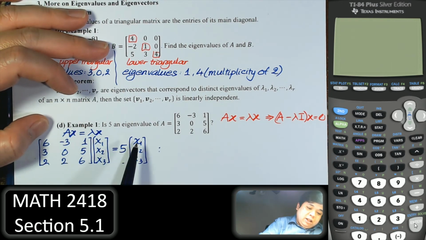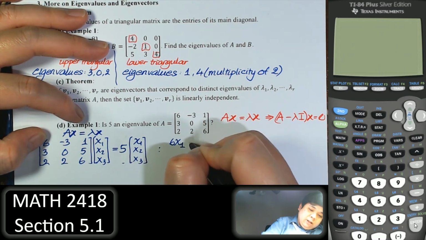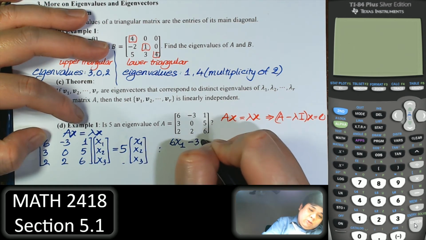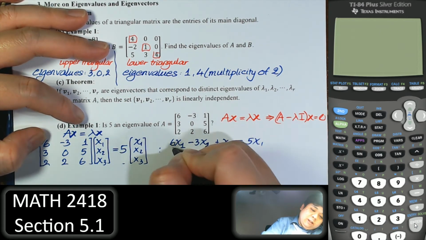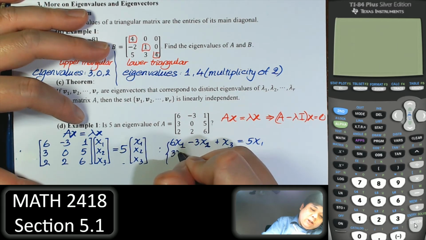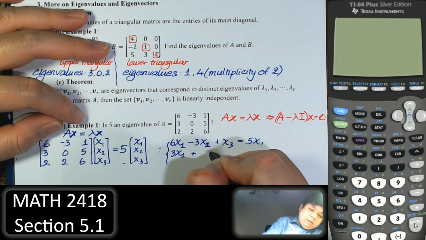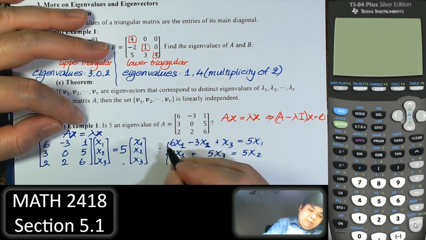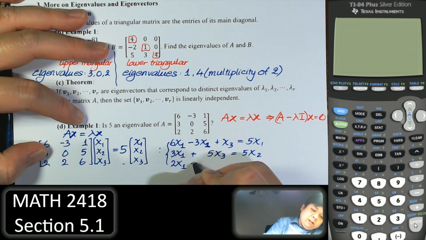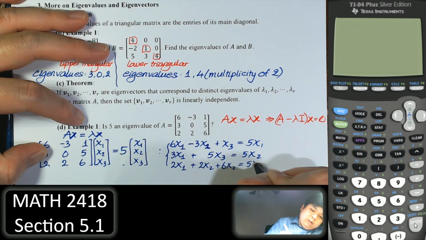A times x equal to 5 times x. 6x1 minus 3x2 plus x3 equal to 5x1. 3x1 plus 5x3 equal to 5x2. And 2x1 plus 2x2 plus 6x3 equal to 5x3.